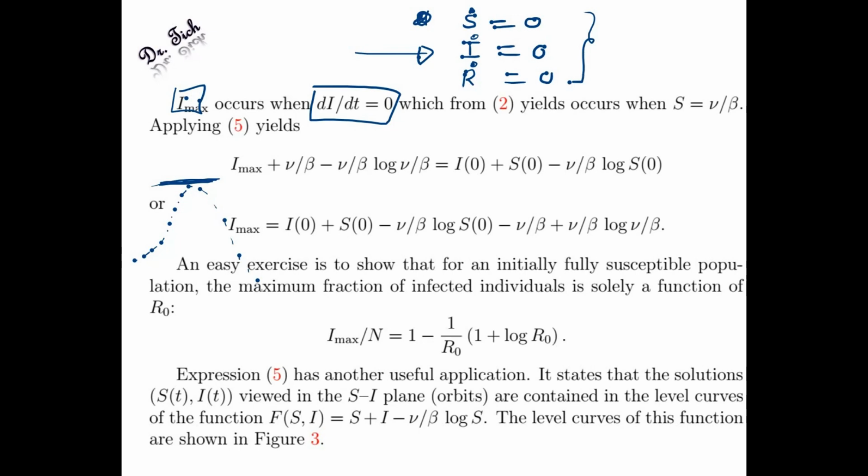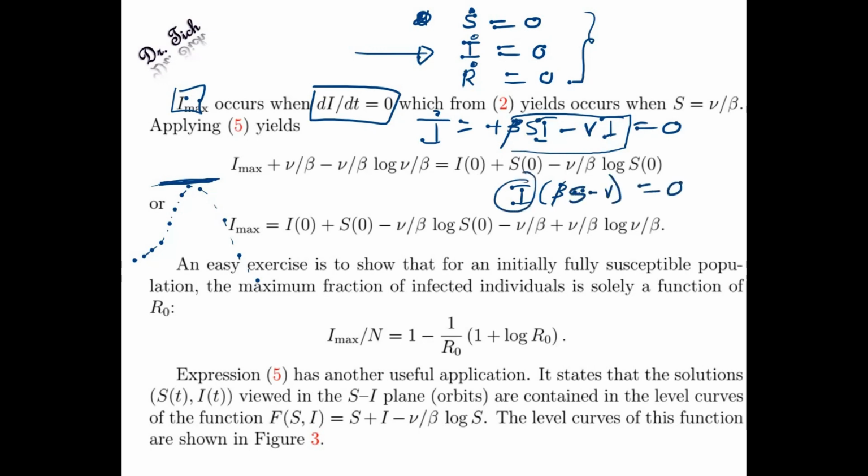We said I dot equals positive beta S I minus v I, and we said this equals 0. We can factor out our I, and we get I times (beta S minus v) equals 0.